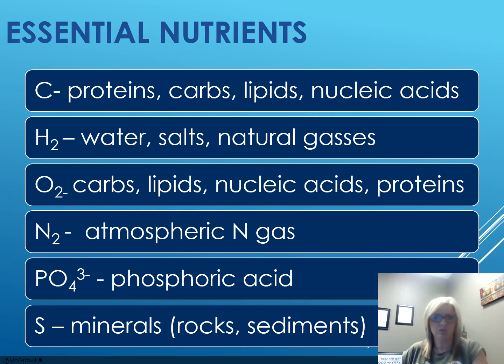So that is extremely important. Sulfur is very important for formation of your B vitamins, also for amino acids like methionine and cysteine. Those have sulfur or sulfhydryl bonds. All right, so those are very important to help with protein structure, and that's obtained from minerals like rocks and sediment.